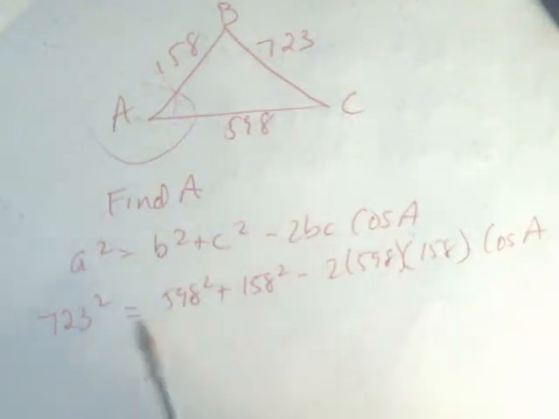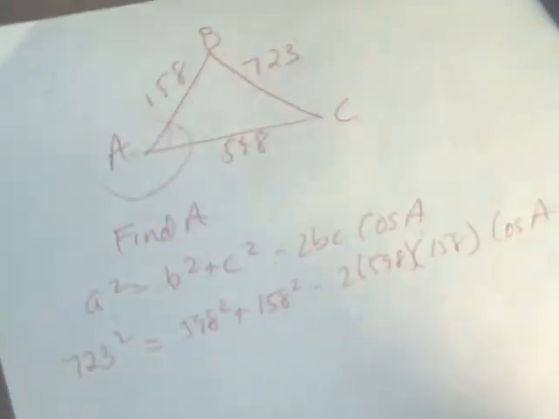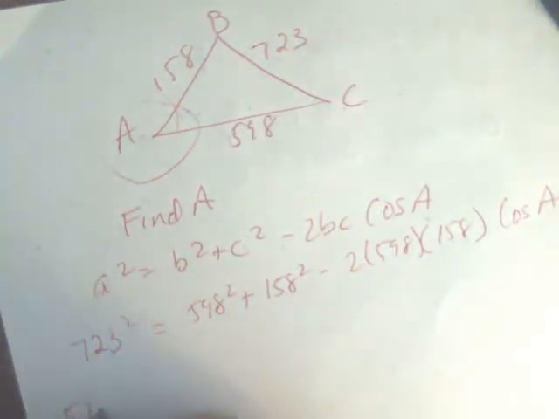So what I can do here is square this, square these two, and start moving things from one side to the other. Okay, but again, these are going to be enormous numbers. And it can be a little intimidating.